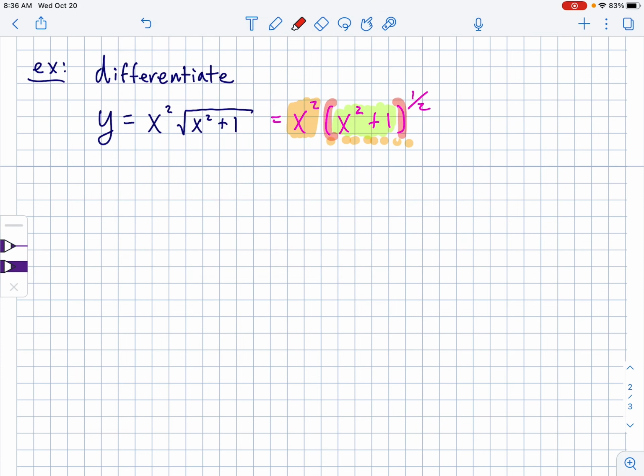Do you guys see how there's an inside and an outside function? Like the inside is x squared plus 1, and the outside is something to the 1/2. So we're still going to do first d second plus second d first. It's just that when we do d second, it's going to have to involve a chain rule. A chain rule within a product rule, if you will.